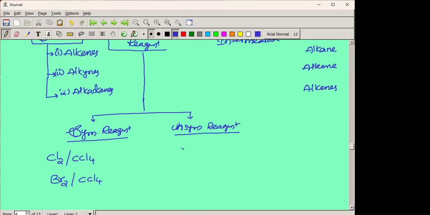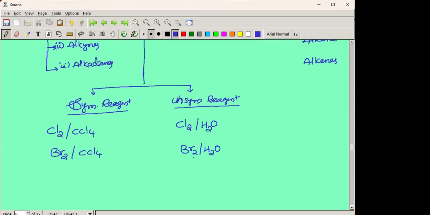Unsymmetrical reagent: the same chlorine, taken in water. The solvent is non-polar or polar. If it is a non-polar solvent, the reagent is symmetrical; if it is a polar solvent, the reagent is unsymmetrical. Similarly, bromine taken in water is also an unsymmetrical reagent.